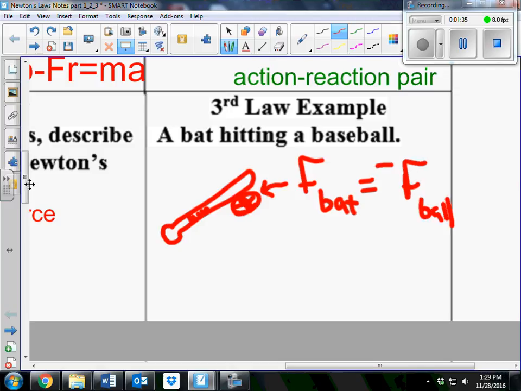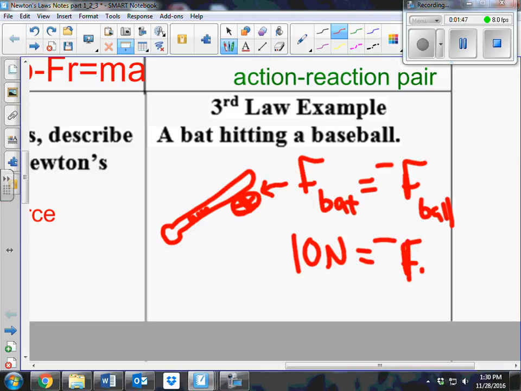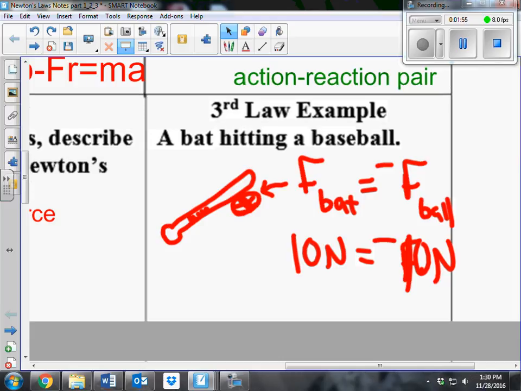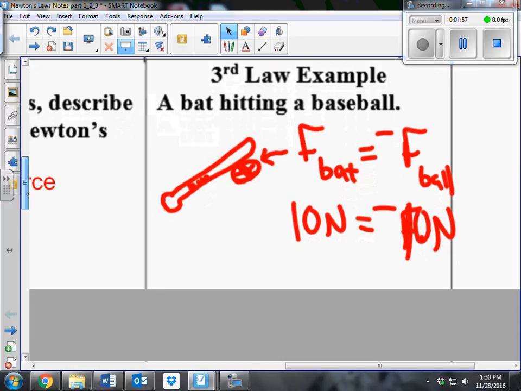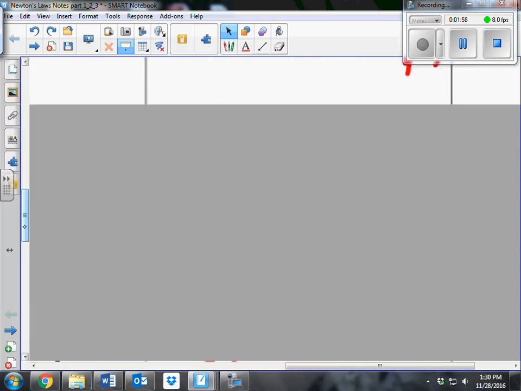The bat's swinging to the left, the ball's coming to the right. So force of the bat equals negative the force of the ball. So that means that if I'm hitting the ball with 10 newtons of force, then the ball is hitting the bat with 10 newtons of force, just in the opposite direction. That's supposed to be a 10. For some reason, I wanted to draw an F. So that's just a simple real-life example of equal and opposite reaction pairs.